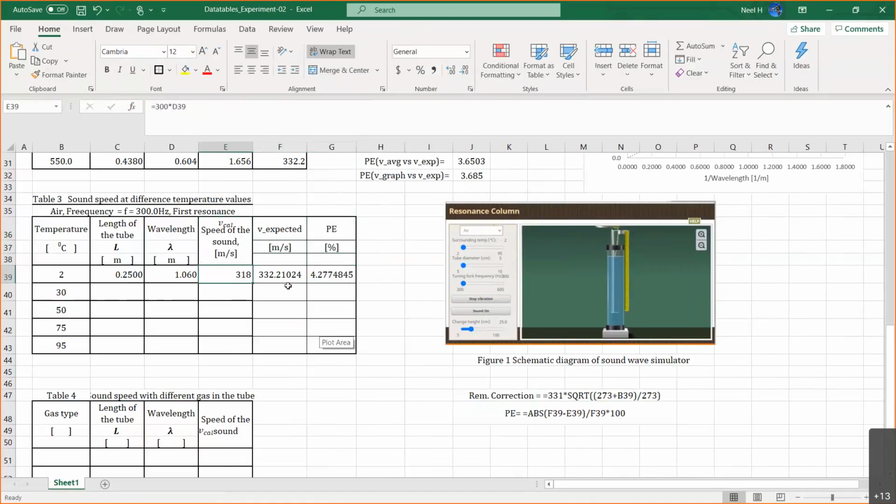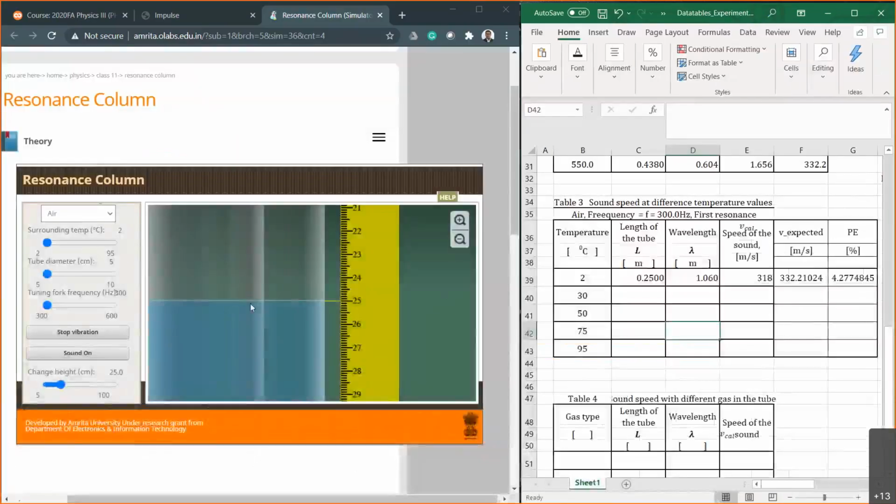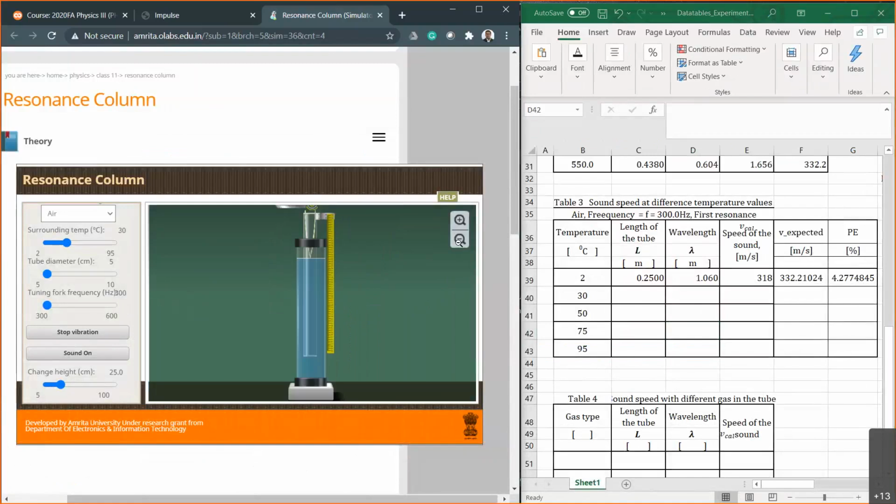Okay, then let's continue this measurement. All we have to do now, you know what to do. We're going to increase the temperature slowly. Let's do 30 degrees C. Bring this back to the starting point. Sound on, and then let's bring it up.